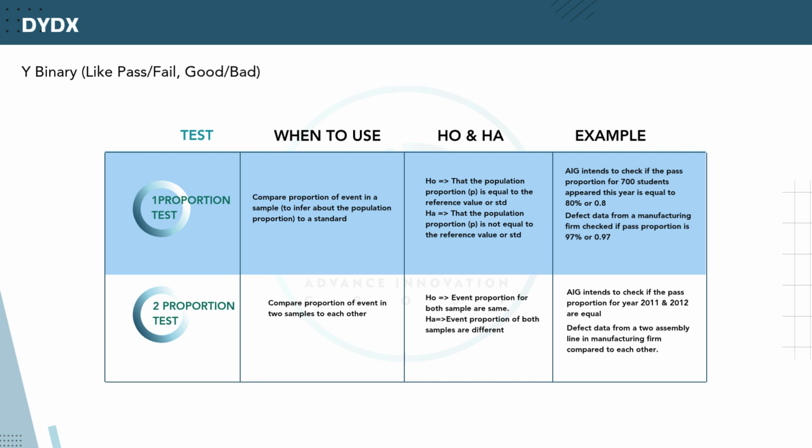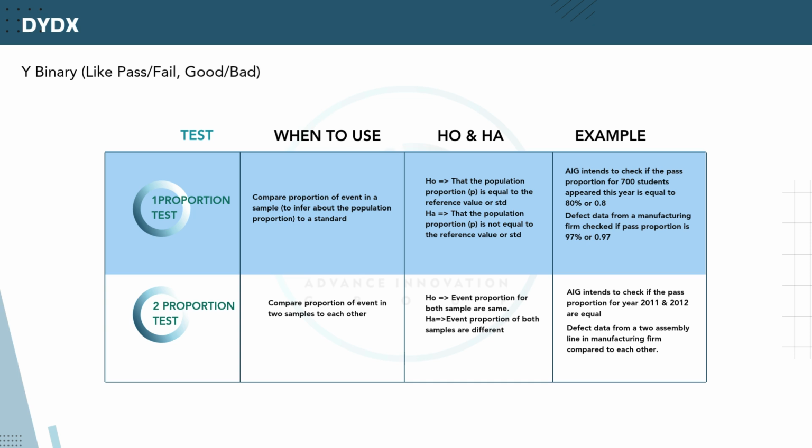For example, pass/fail, yes/no, good/bad, etc. Let's break it down column by column. One-proportion test. When to use? Use this test when you want to compare a sample proportion to a known or expected standard. This is useful when validating performance against a benchmark.